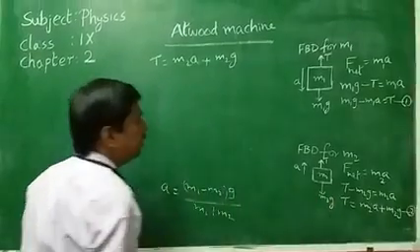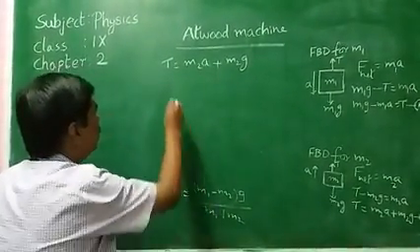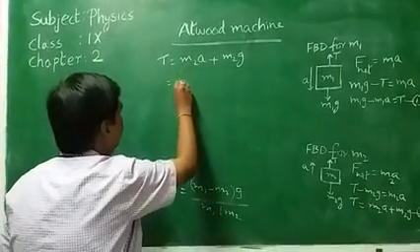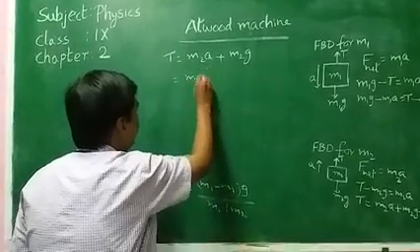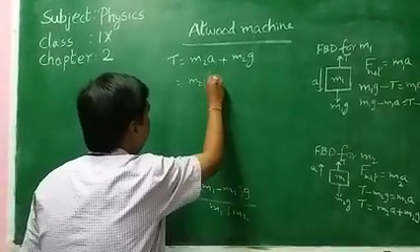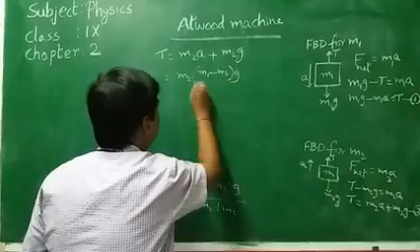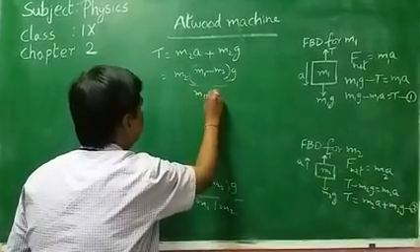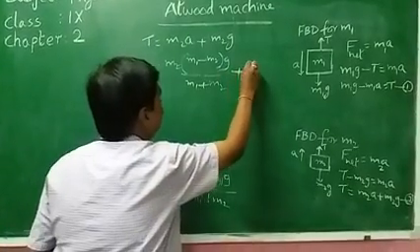In either the first or second equation, you can substitute. So write M2 as it is, and put the acceleration value M1 minus M2 into g divided by M1 plus M2 here, plus M2g.